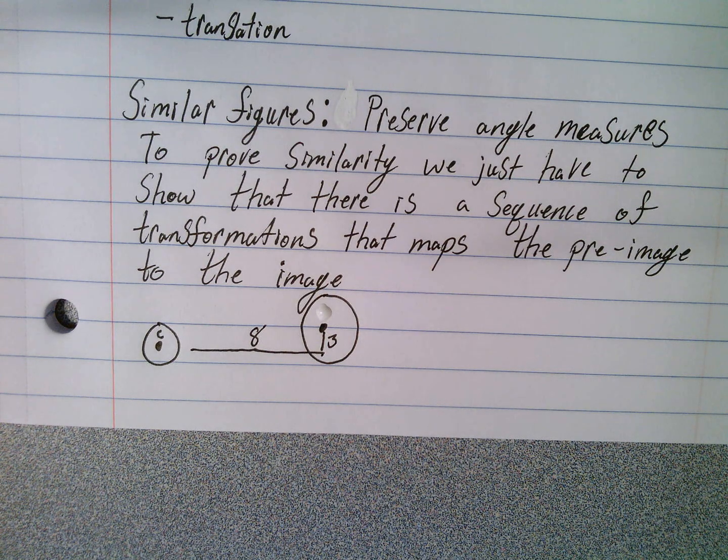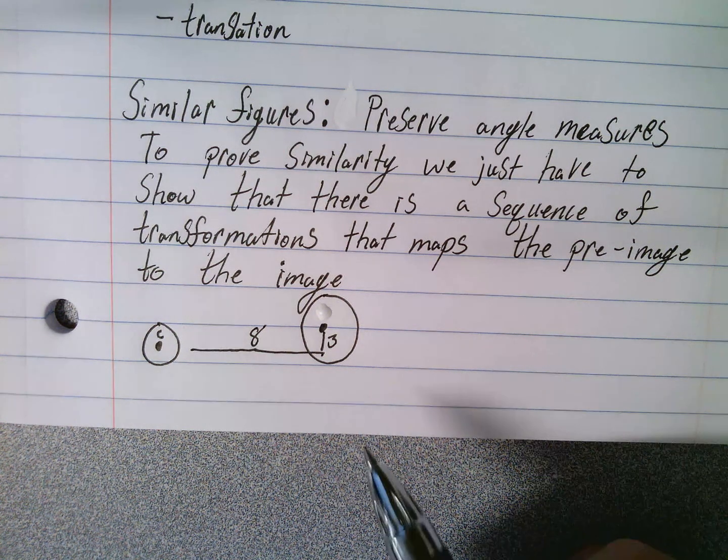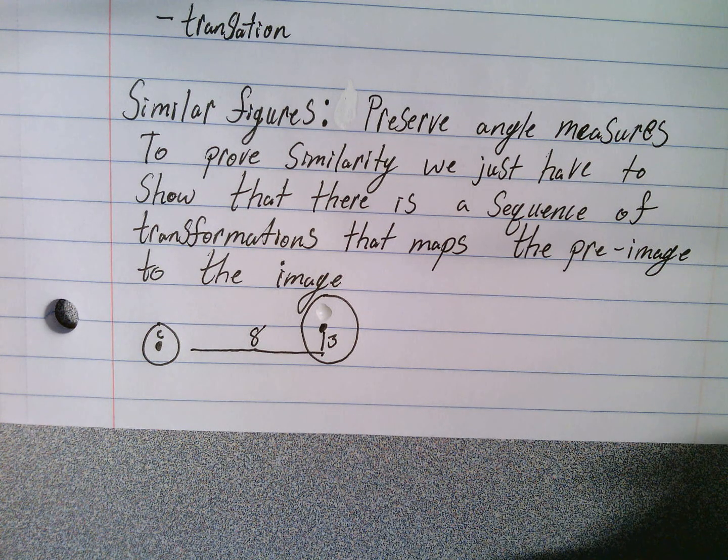Are these figures similar? Let's assume that they're actually good circles first. Are these figures similar? Yeah, how do we know? They're both circles, but Katie Nielsen, explain it a little bit further if you can. Okay.